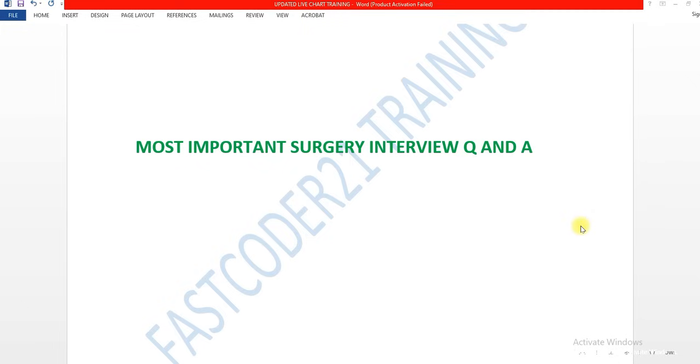So what is autograft? A graft taken from the same person. If the graft is taken from the patient's own body, we call it autograft. What is allograft? From another person. Okay, so what is the difference between skin replacement surgery and skin substitute graft?